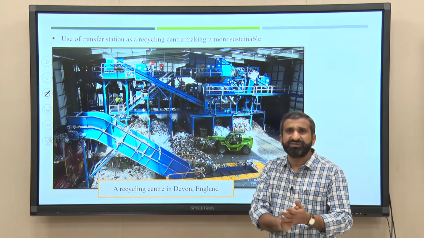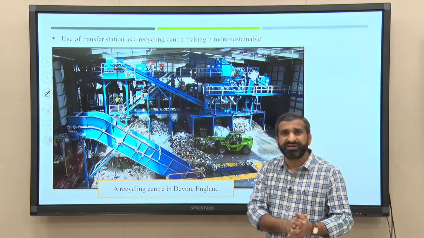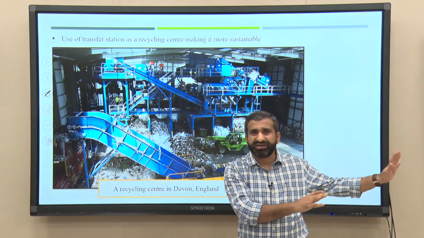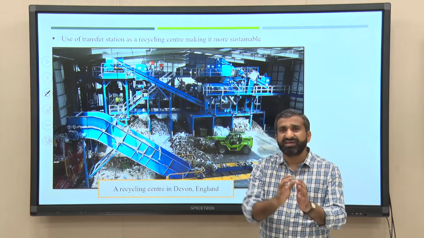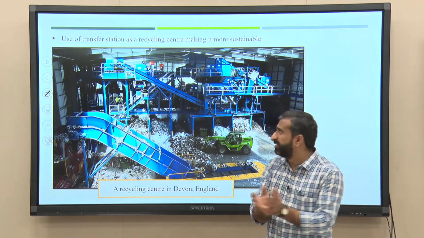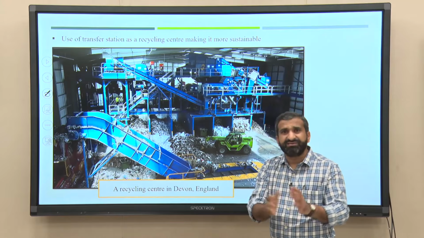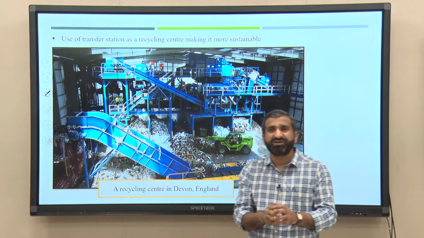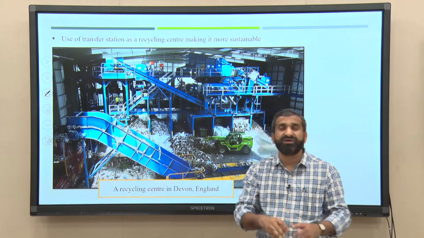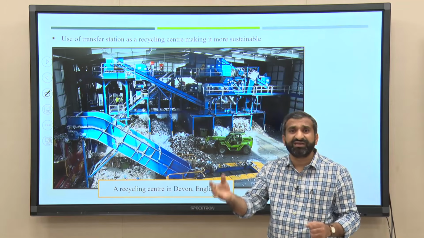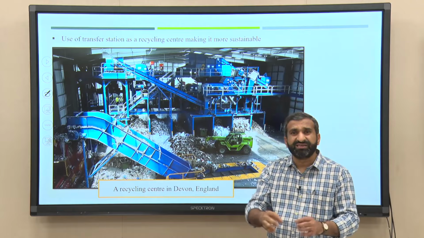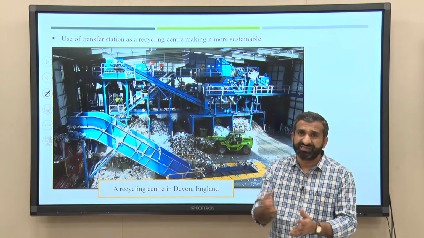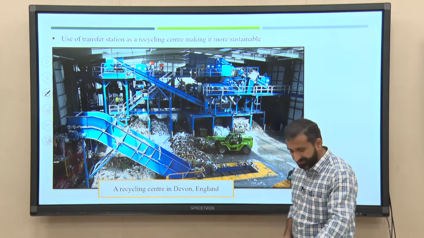Maybe wet waste we can't store for a longer period, so wet waste will go directly to the composting facility or treatment facility. At least the dry waste could get recycled; maybe some small recycling facility is possible, and if not a recycling facility, at least a component separation facility could be started at these transfer stations.